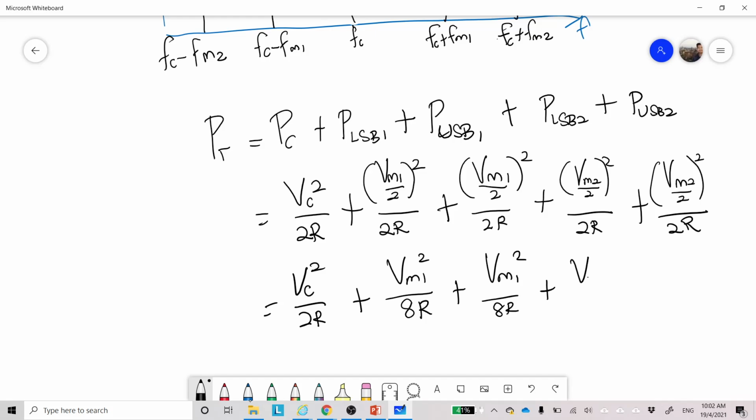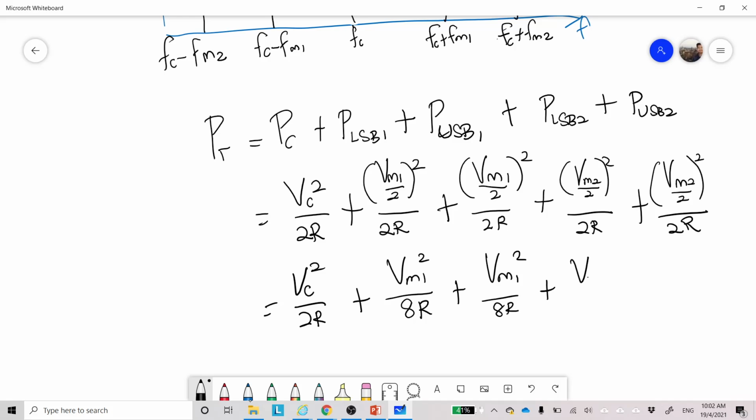If you have 3 inputs, that means you have 6 sidebands plus carrier. If you have 4 inputs, you're going to have 8 sidebands plus carrier. One input will produce a pair of outputs. Every input will produce a pair of outputs.